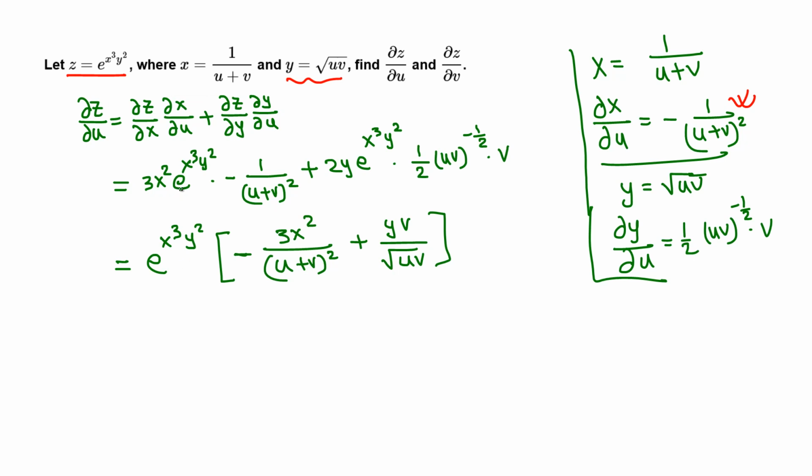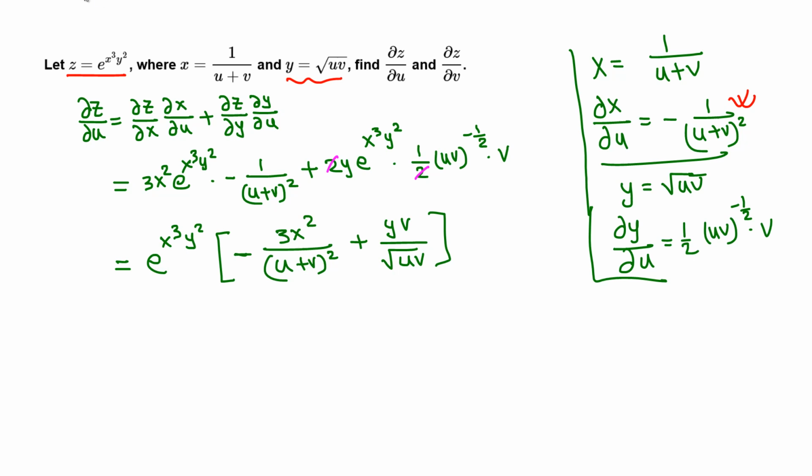At the same time, x cubed y squared can be factored out. So negative 3x squared over this, plus here we can cancel 2 and 2. What is left? Negative power means put it on the bottom, so uv raised to 1/2 on the bottom, which is the same as the square root of uv, and y and v.